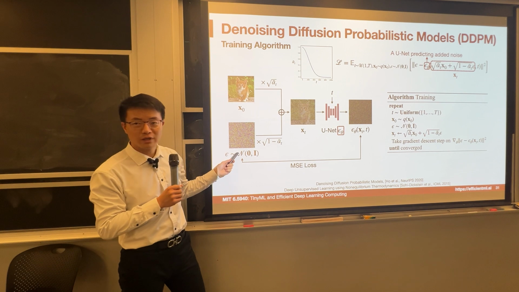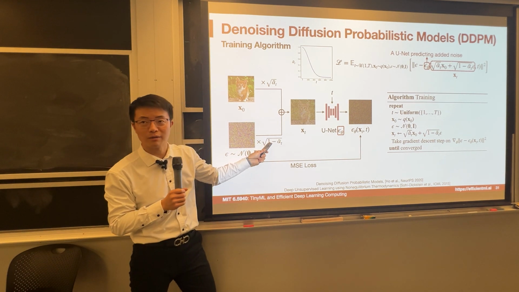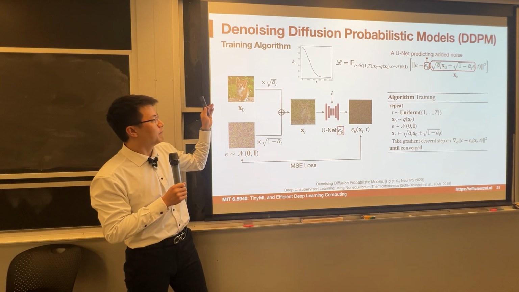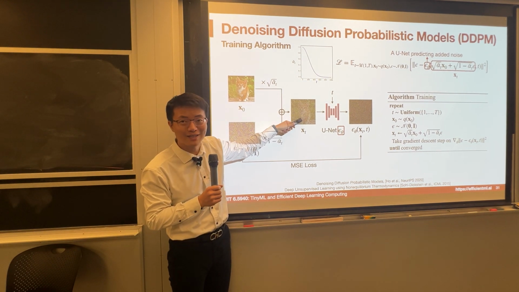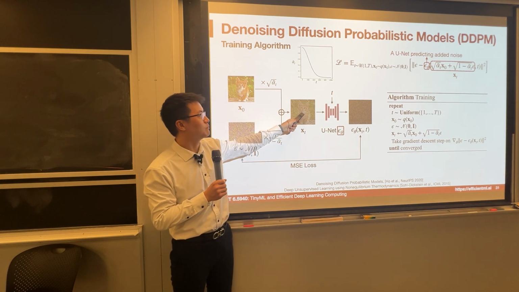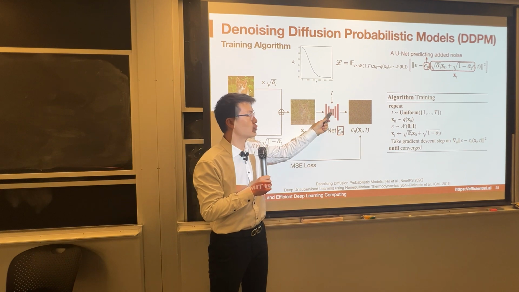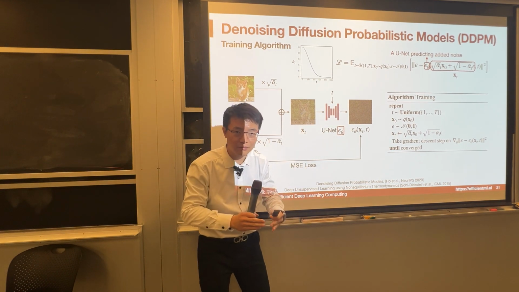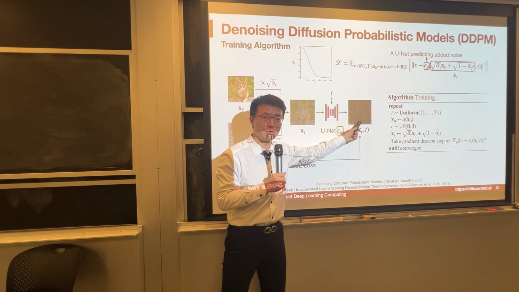And this is a random Gaussian noise, multiplied with 1 minus this term. Okay, and then you add them together, you have a noisy image. You can still tell it's a cat, but it has a lot of noise added, and you pass this through a UNet, down sample and then up sample, trying to predict the noise.